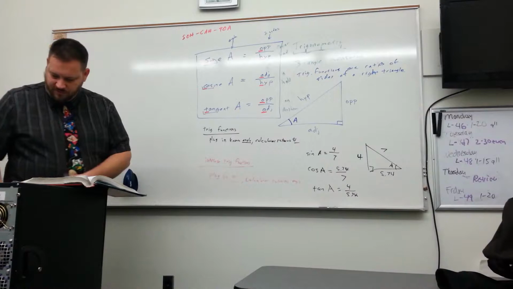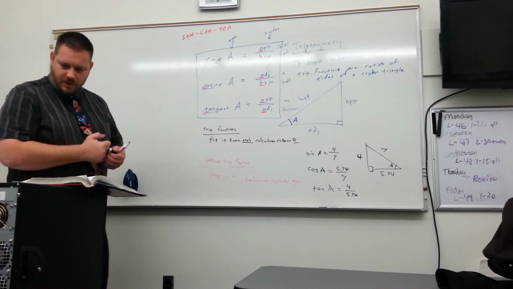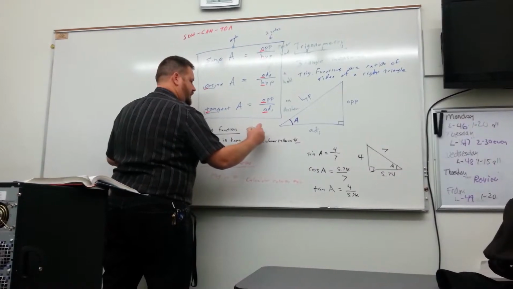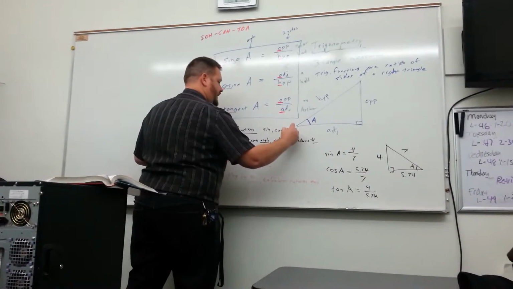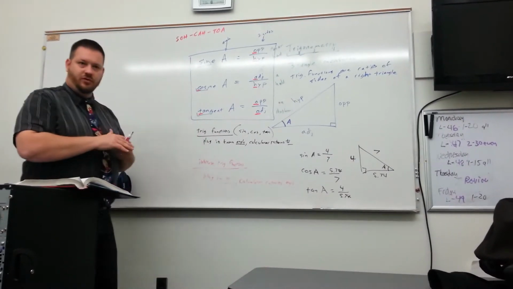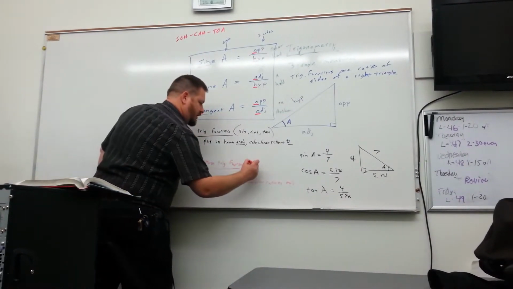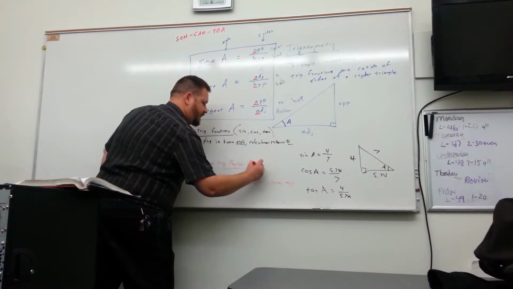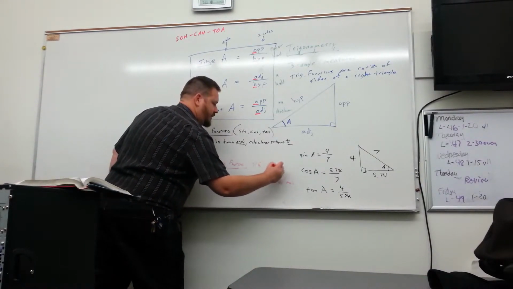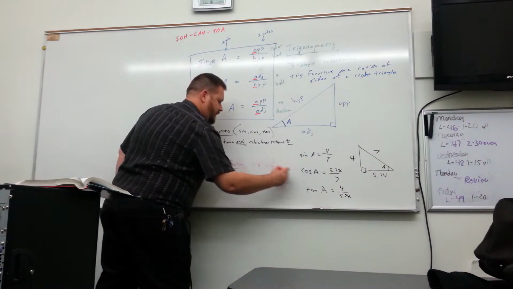The trig functions are sine, cosine, tangent, right? The abbreviations for the inverse trig functions are the same with the -1: sine with a little -1, cos with a little -1, and tan with a little -1.